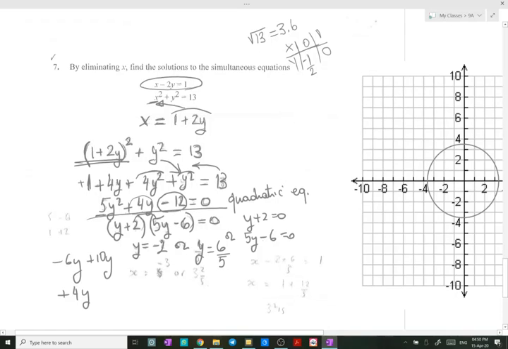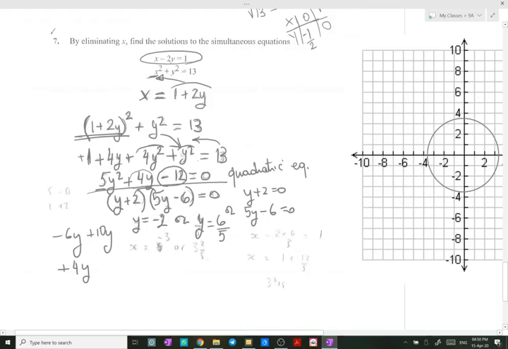Now once we found y, we can replace y in the first equation, equation 1, and find x. Now equation 1, we wrote it in this manner, so we can directly replace x equals to 1 plus 2 times minus 2, so x is equal to minus 3. Let me take these out.